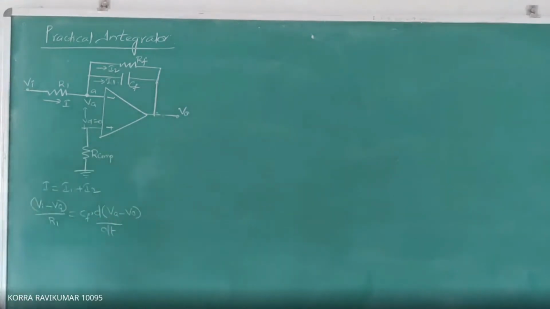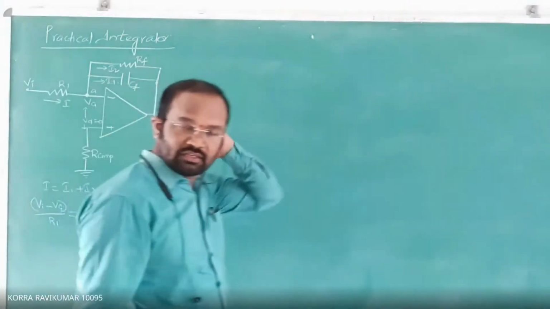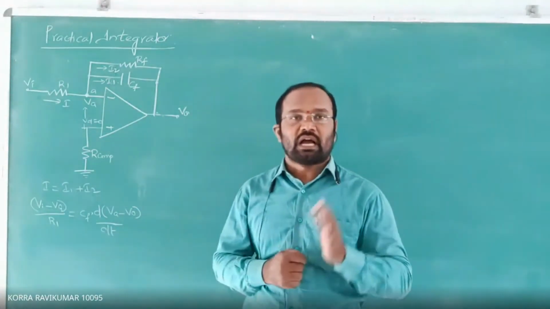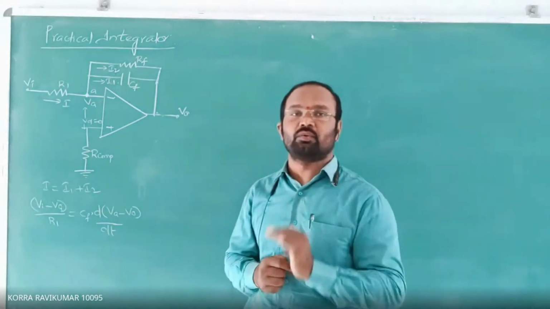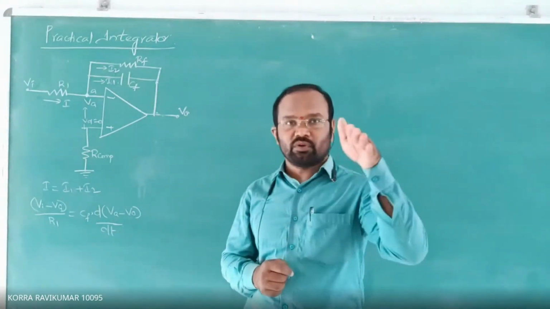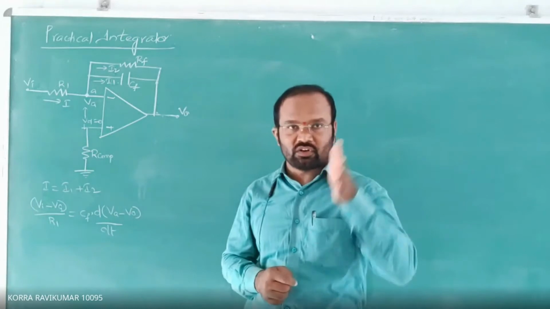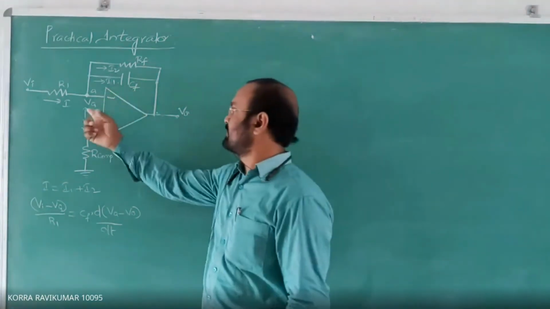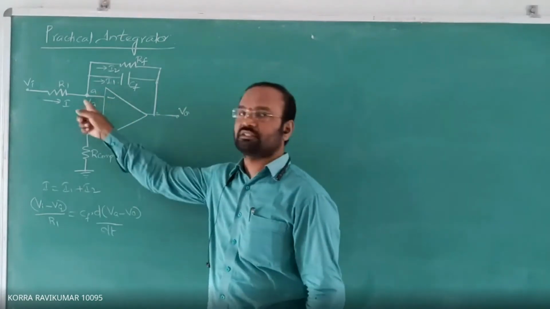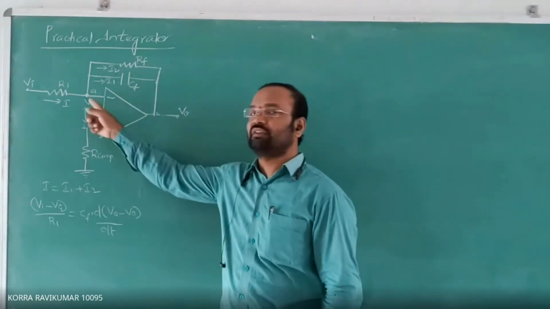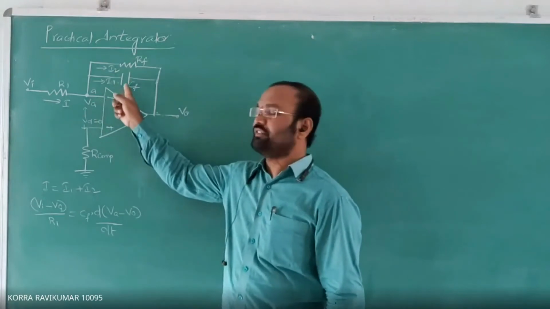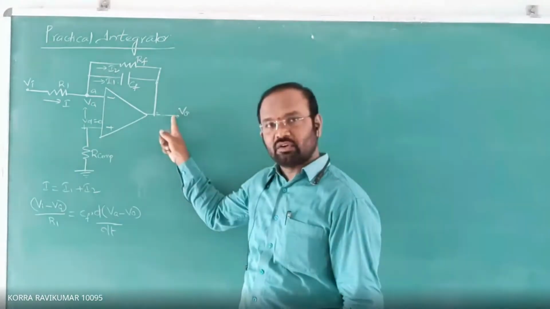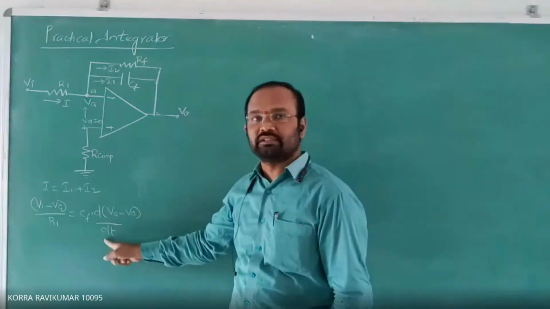The expression for current flowing through a capacitor is I equals the capacitor value into the derivative of the voltage across the capacitor, dV by dt. In the same way, here the capacitor is connected between the output terminal and inverting terminal, so CF into the derivative of VA minus V0 by dt.